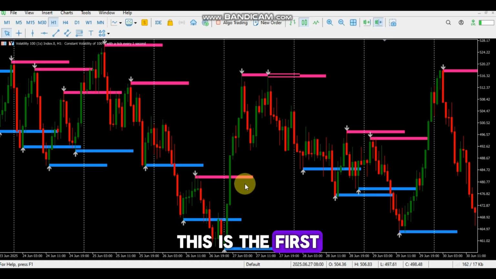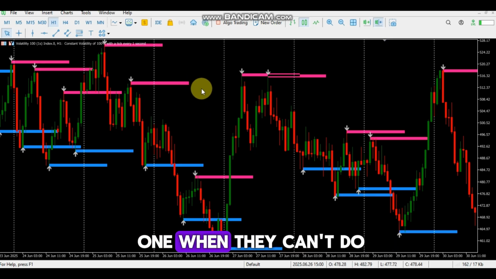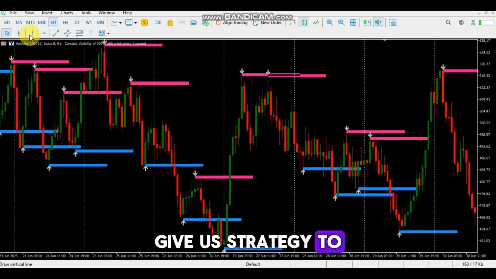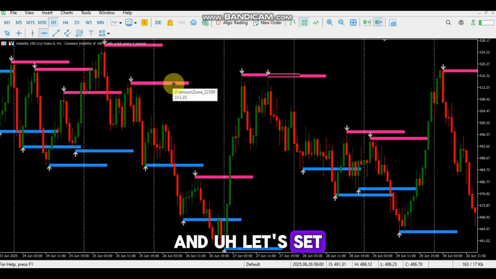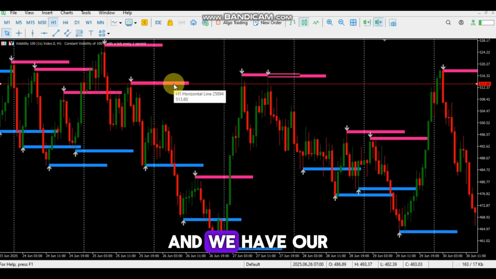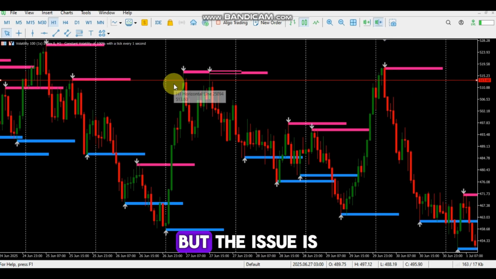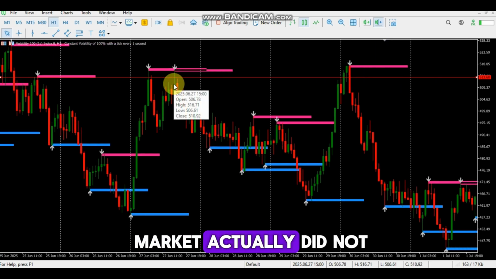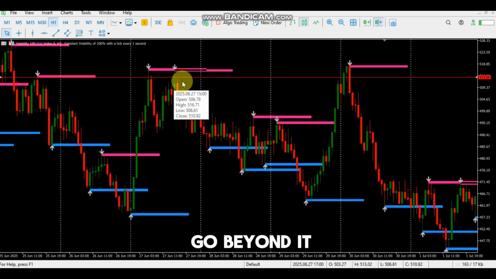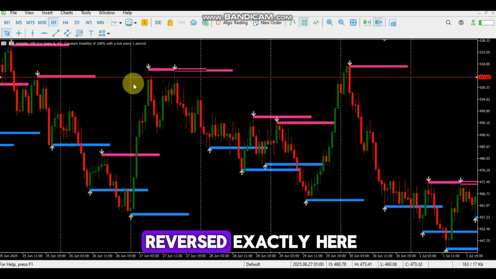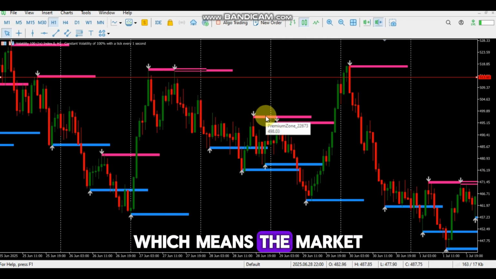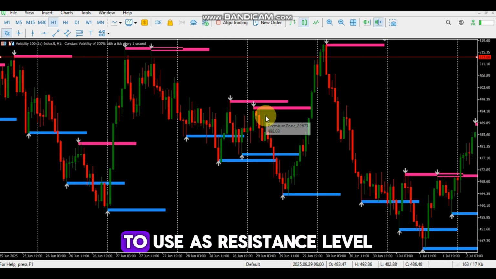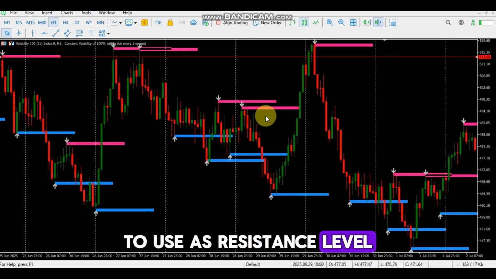This is the first one when the market reversed. This is the second one when the candle gave us a setup ready to place here, if the market breaks it and we have our FVG. But the issue is, can you see the market did not go beyond it? It reversed exactly here, which means the market used it as a resistance level.